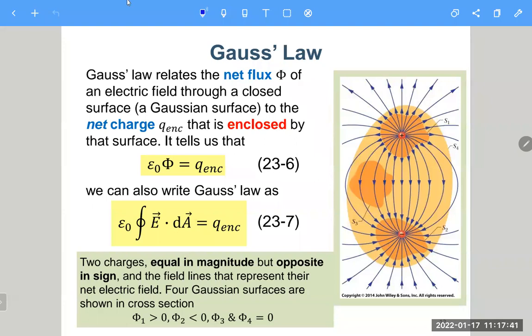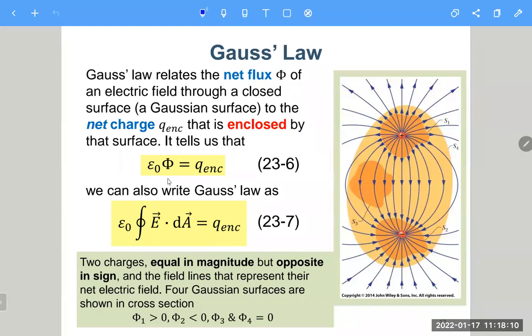So for Gauss's law, it relates the net flux of an electric field through a closed surface, a Gaussian surface. In this textbook, it usually says Gaussian surface, but it is actually the same as a closed surface. So it relates the net flux for a Gaussian surface to the net charge that is enclosed by the surface.